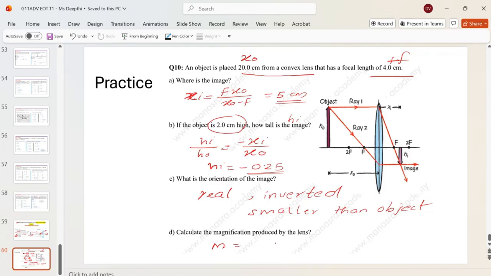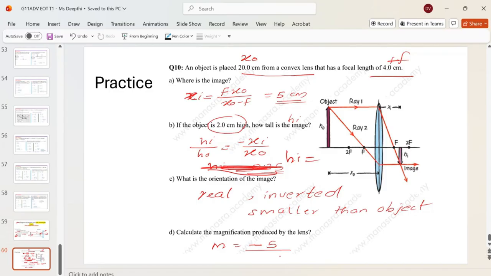I will just use minus xi over xo. So minus xi is 5, over xo, which is 20.